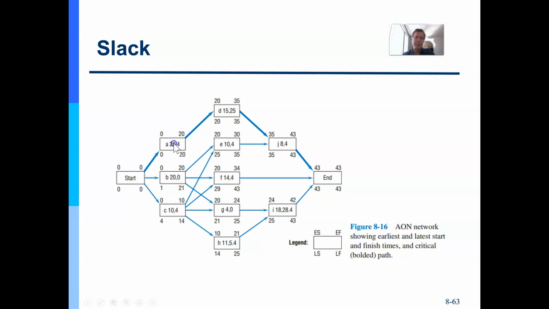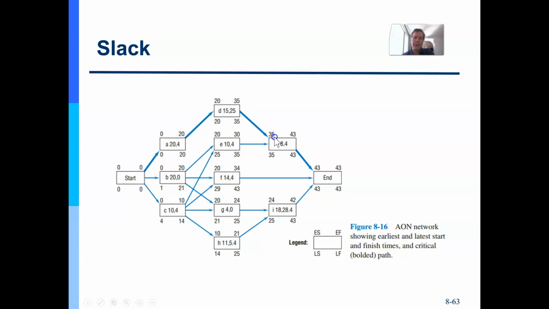Notice the activity is supposed to be 20 days. So if the project starts at day 0, all these first 3 activities start at day 0. Then you add 20 days to it, and the early finish is day 20. That means this activity begins on day 20, and it's 15 days long, so it can end on day 35.